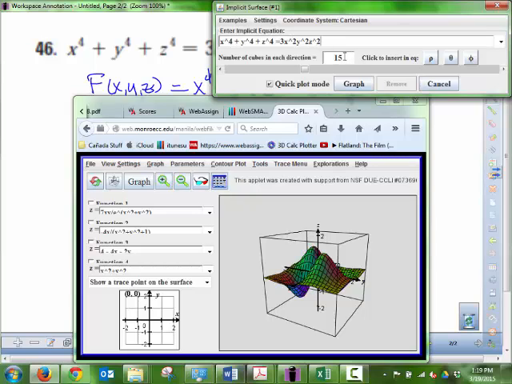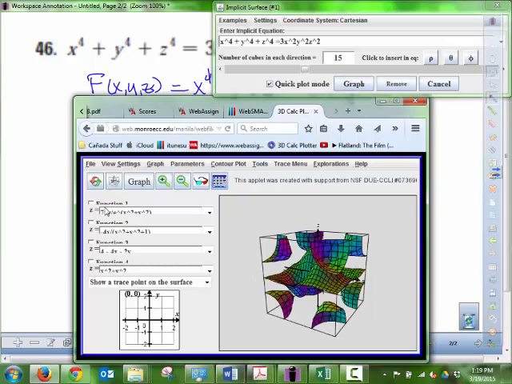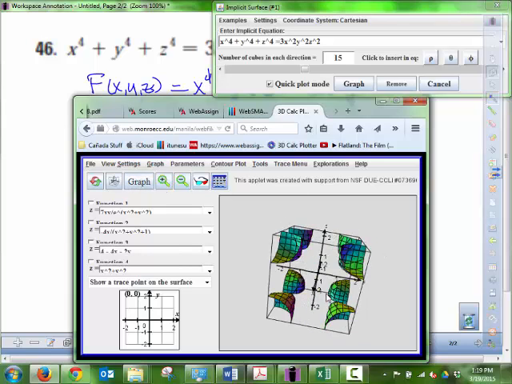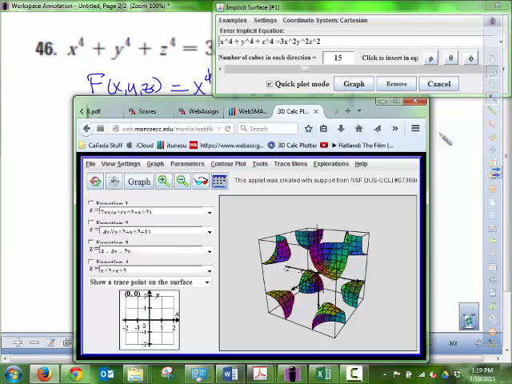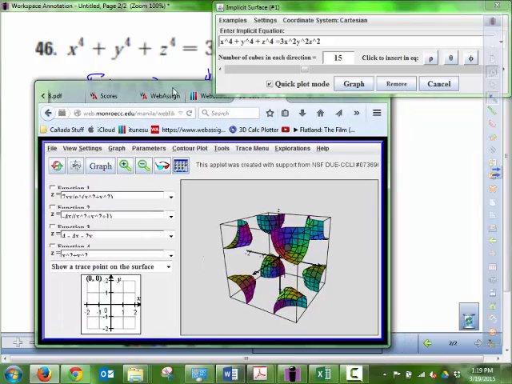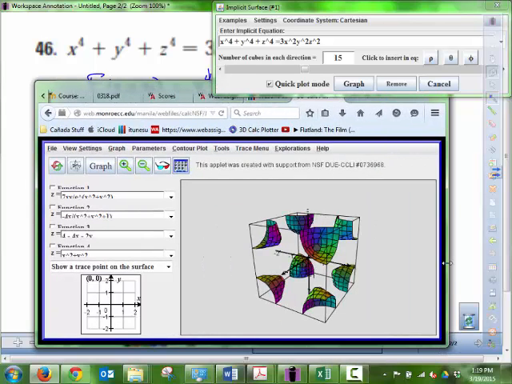I'll worry about the number of cubes in each direction a little bit later, in case I need to. It allows me to refine it more, so the higher the number is, the smoother it's going to look. But let's not worry too much about that. Given this, I might be interested in zooming out a little bit more to see if I see more.